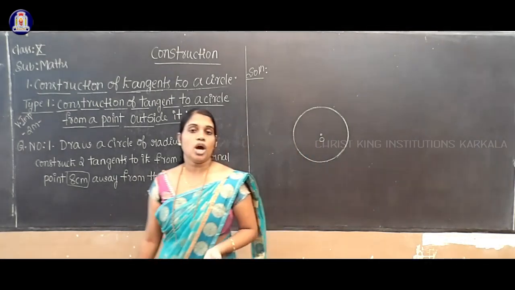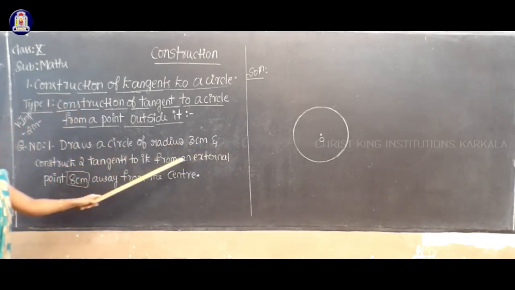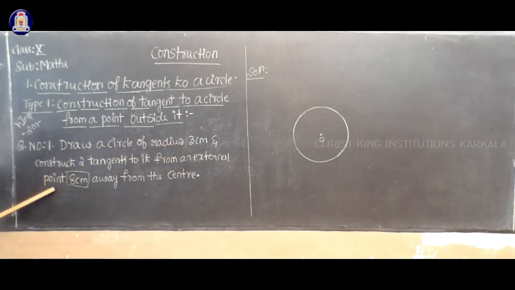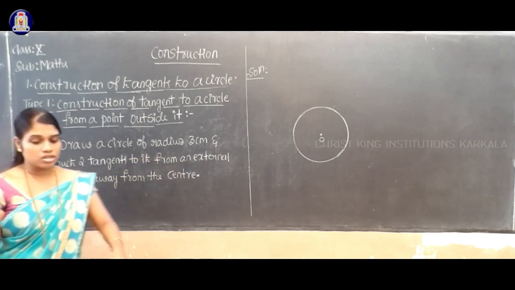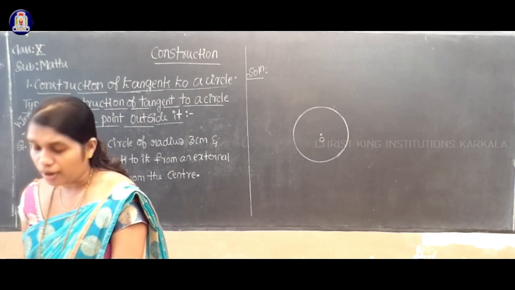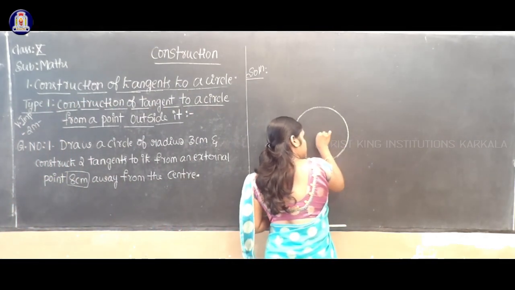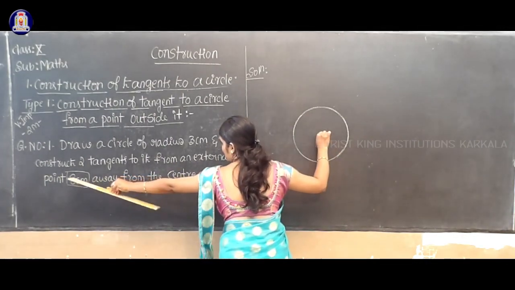Now we'll move towards the other part. You have to take one external point. That external point must be at what distance? 8 centimeter away from the center. From this center, you have to take 8 centimeter away.